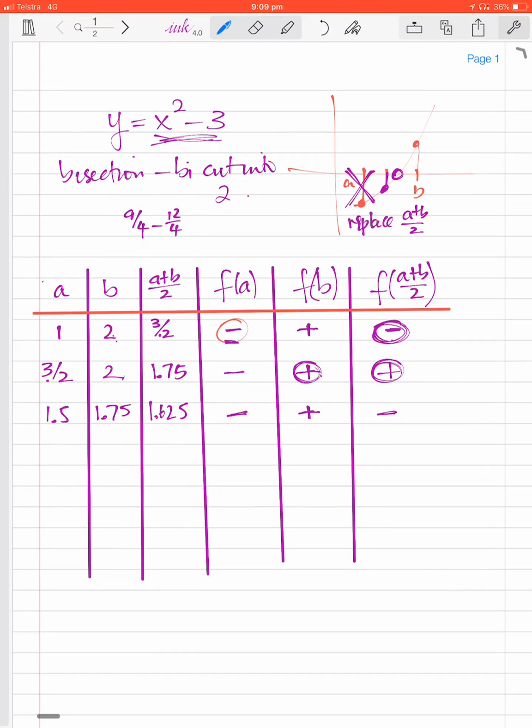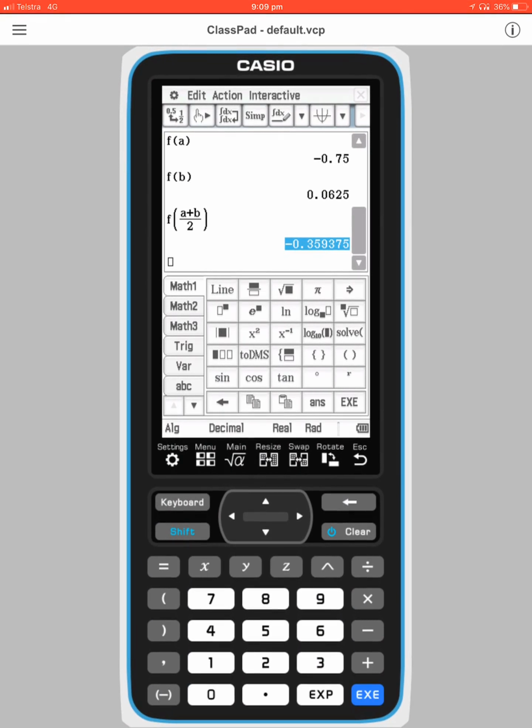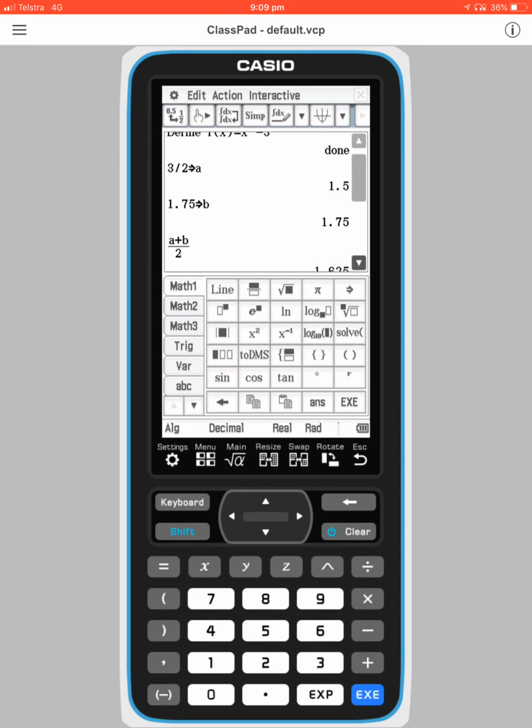So because it's negative, we then go across. Now what was giving us a negative? A was. So now we replace A with A plus B on 2. So here we have 1.625 and 1.75, and we've got to replace A. Up here, replace A with 1.625.